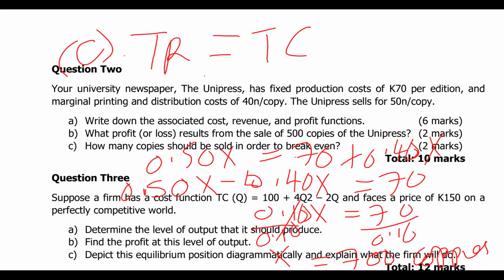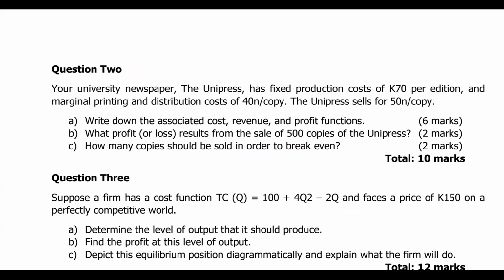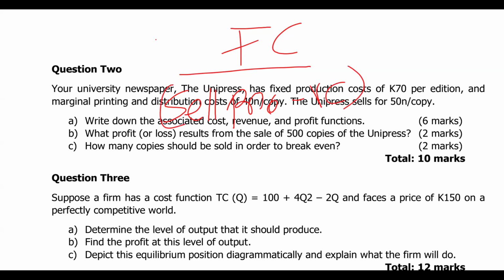Or the same expression, if you may like, you can just say fixed cost divided by the contribution margin. This is the other way of doing it, where you say the fixed cost divided by the contribution margin, which is given by the selling price minus the variable cost per unit.